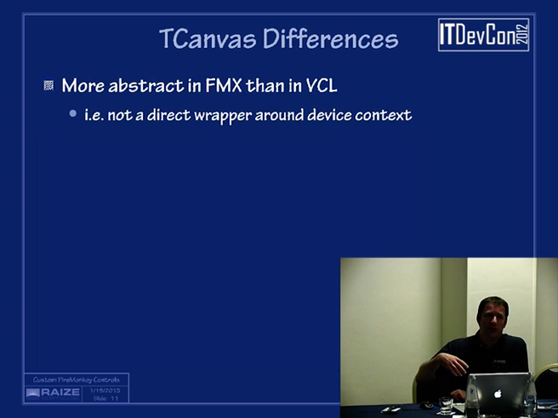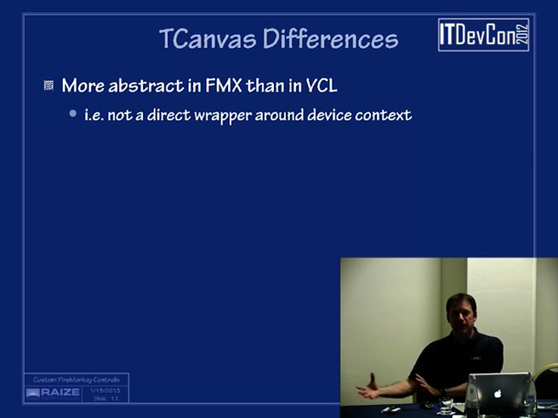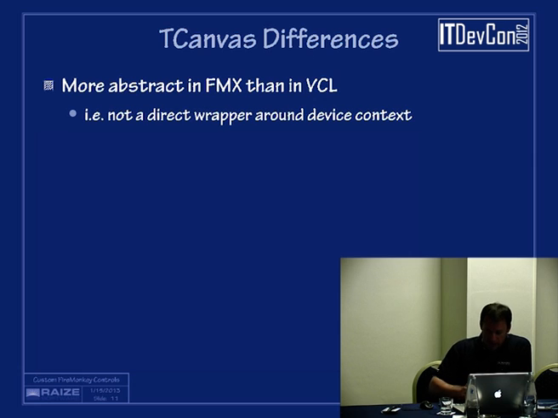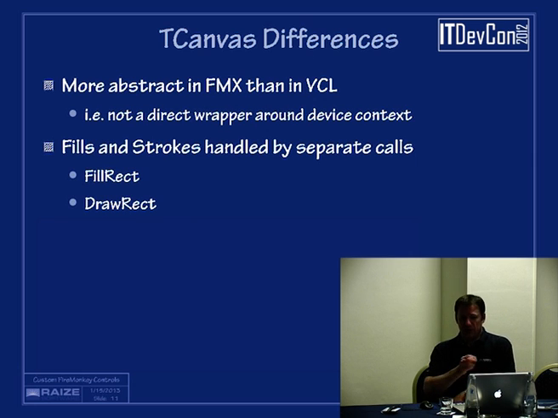There's no more need for selecting objects in and out of the device context. The canvas in the VCL did that for us. It managed to cache them and would bring them back in as needed. The way the canvas is used is to use these primitives that we'll see shortly to call basically two functions: to fill something and to draw something.